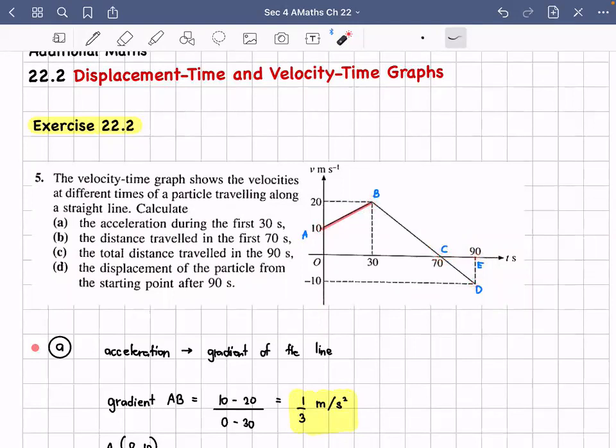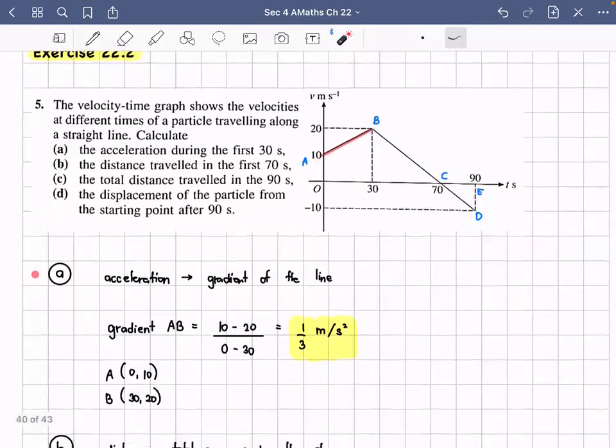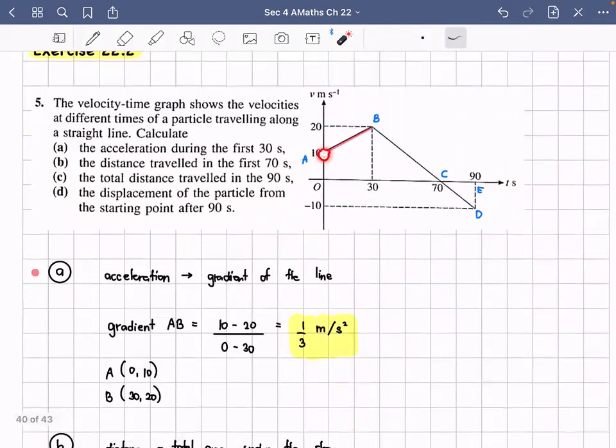So again, class, to get the acceleration of this, you just find the gradient of this line over here. How do you find the gradient of a line? Given these points A and B, the coordinates of point A is (0, 10), and the coordinates of point B is (30, 20).